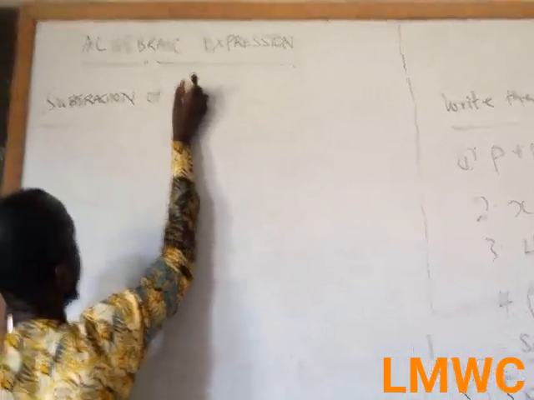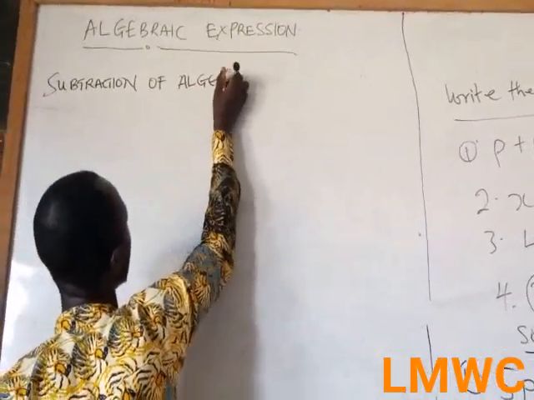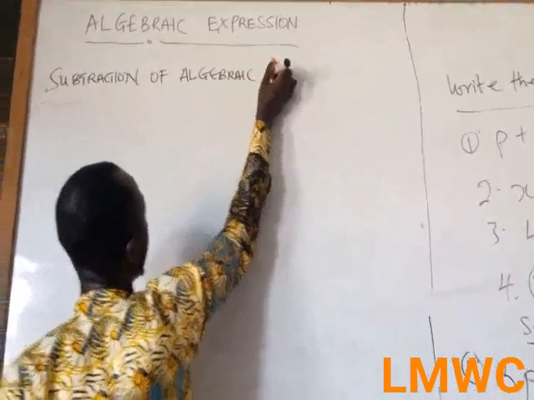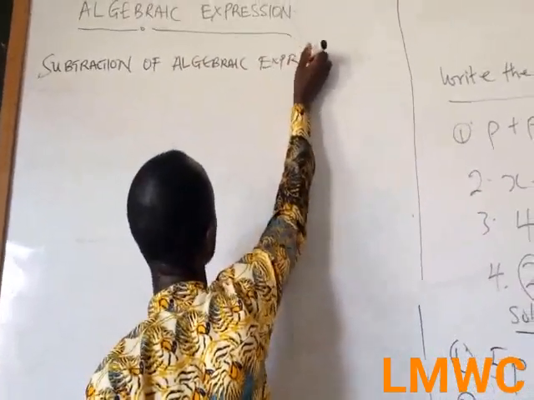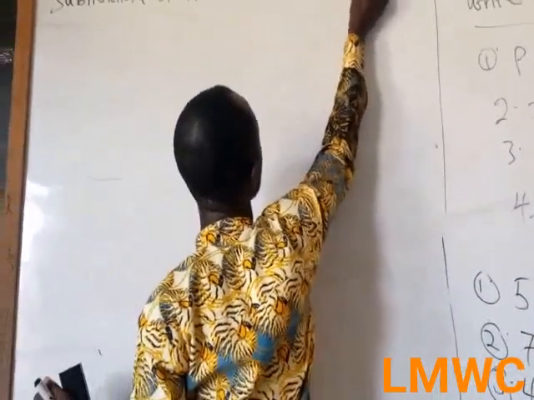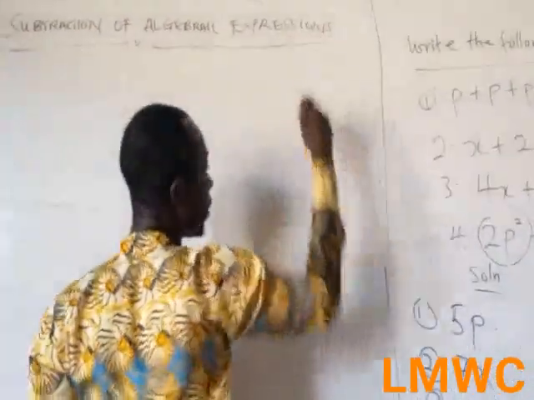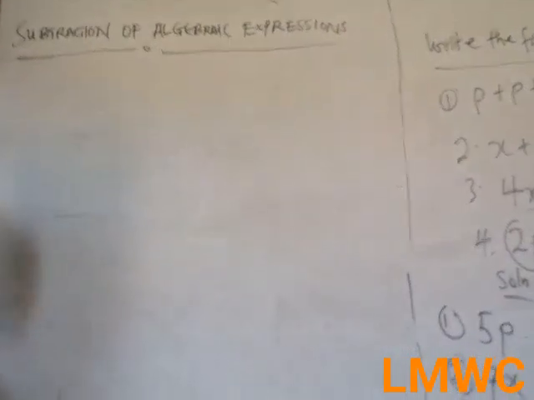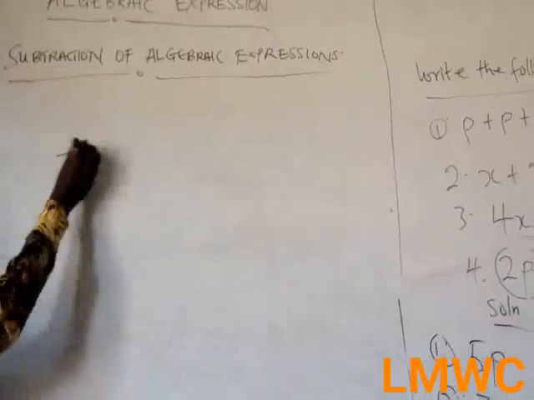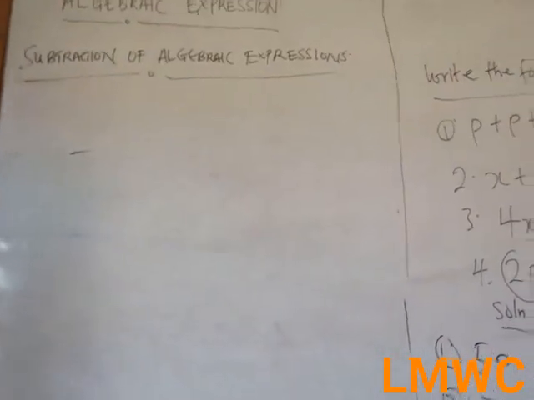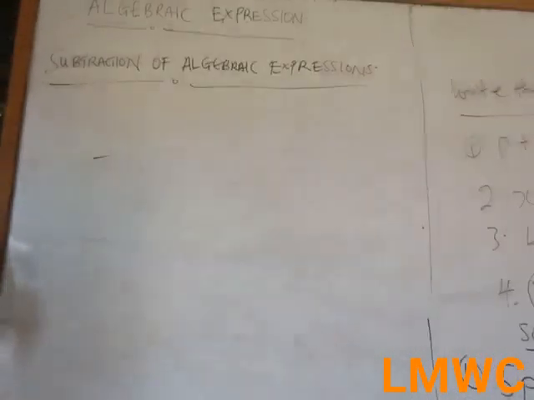Subtraction of algebraic expressions is the same thing as the addition, just that this time they have introduced the subtraction sign. Here too we apply like terms and unlike terms.